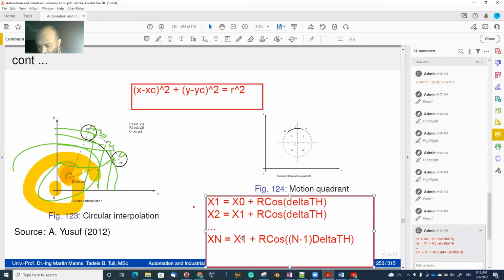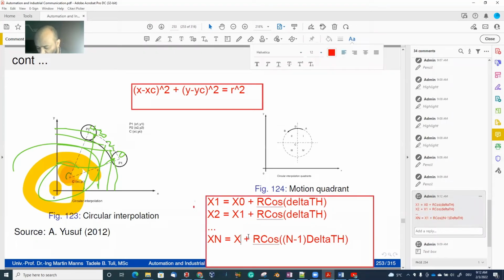Maybe this is not right. Maybe I have to make this one x naught. I think this way, x1, x naught, x2, x1, x naught are, I think it should work like this.